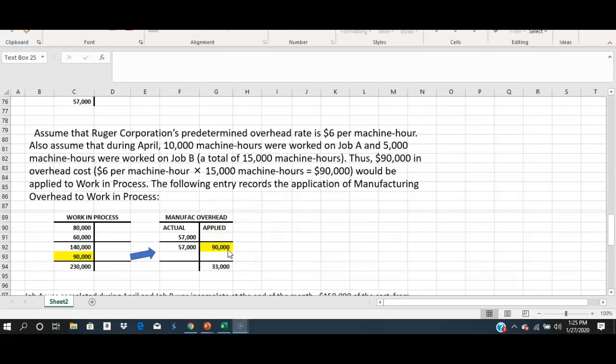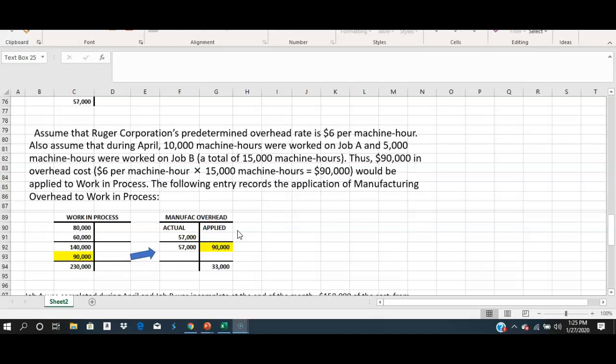So for the overhead account, when you have actual overhead, it goes on the left-hand side. When you apply overhead costs to a job based upon a predetermined overhead rate, it goes on the right-hand side.